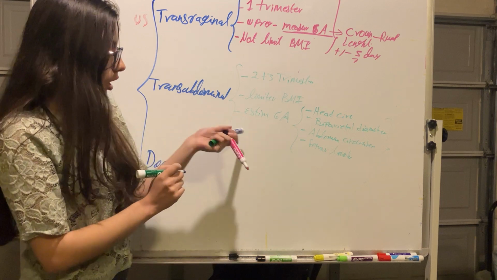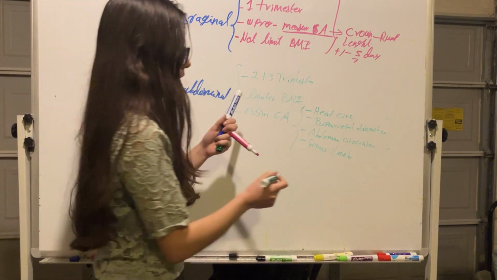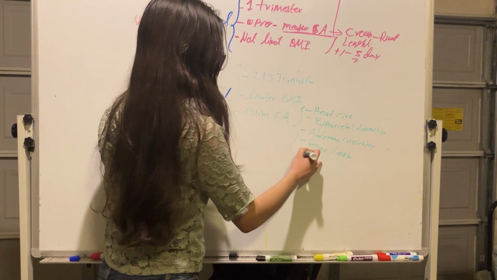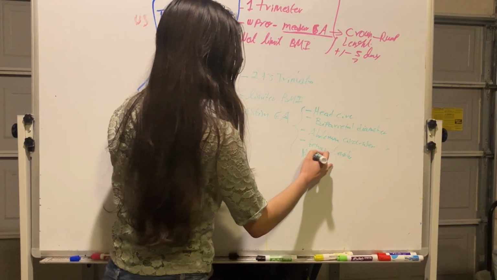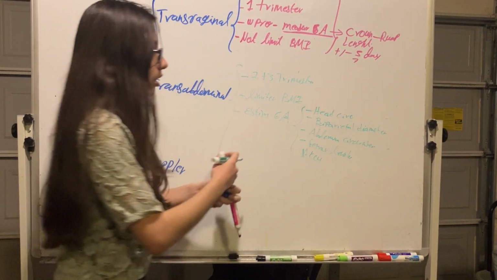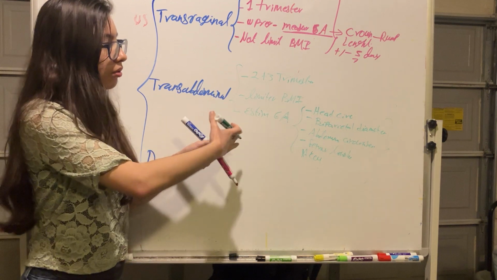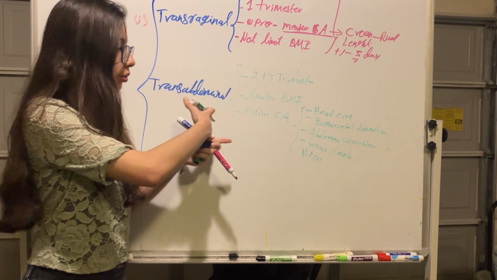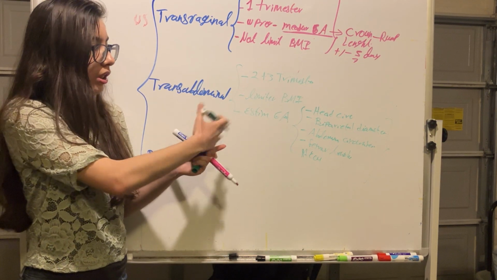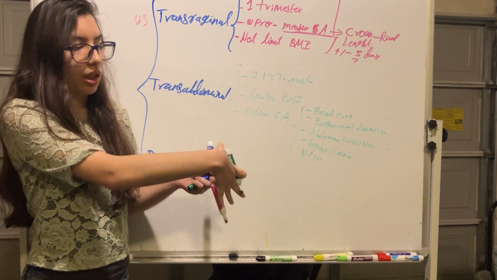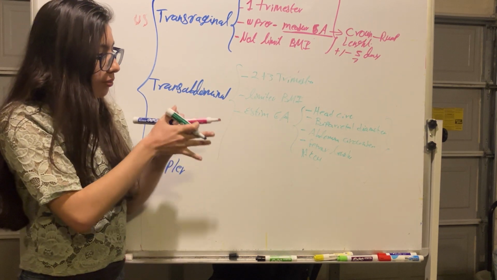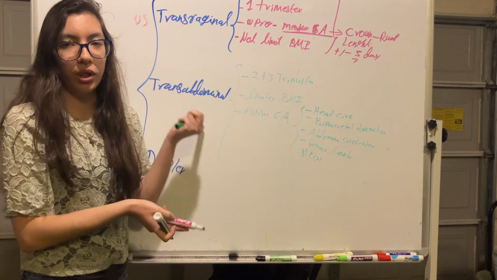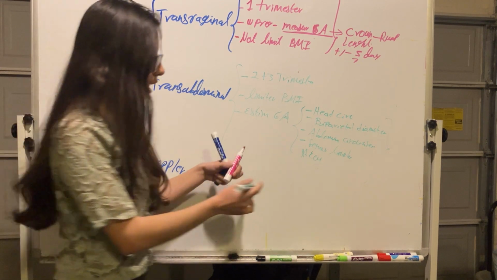but this gestational age estimation, the accuracy decreases as the gestational age increases and we do transabdominal ultrasound during the second or third trimester. The accuracy of the gestational age based on the transabdominal ultrasound is going to decrease.